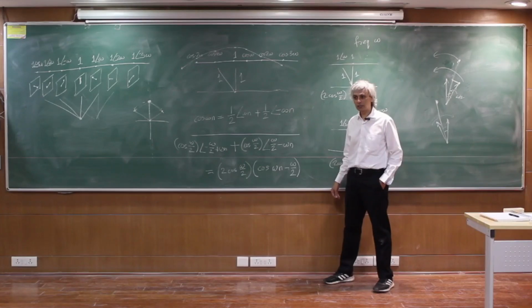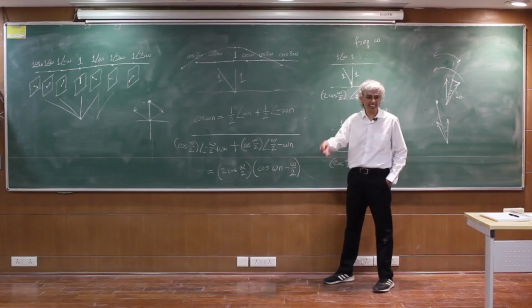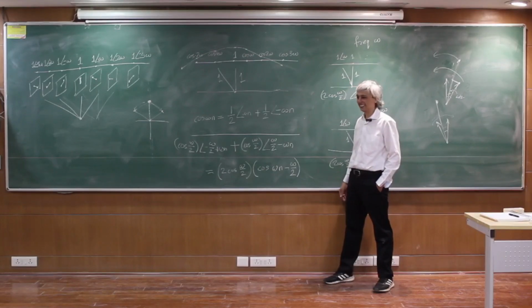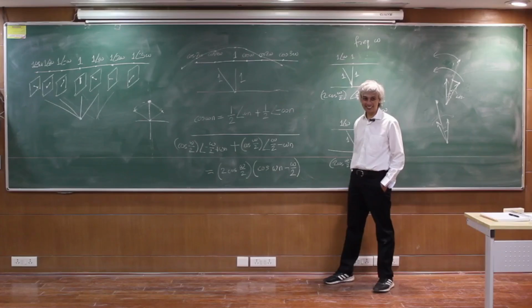That's how I did it, right? But if asked in an exam, how will I do it? I'll do it using Euler's formula. Actually, I just used this, you are right, in reverse.